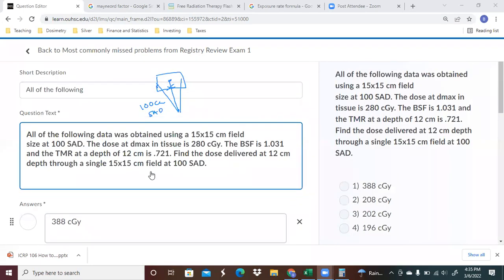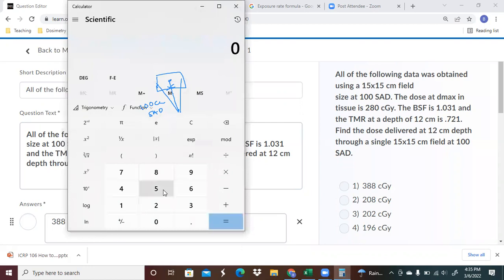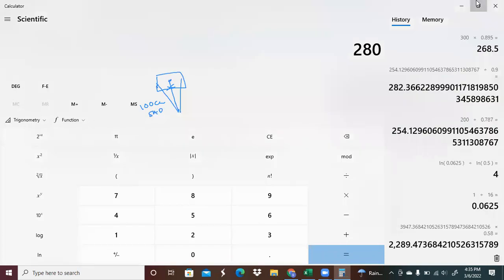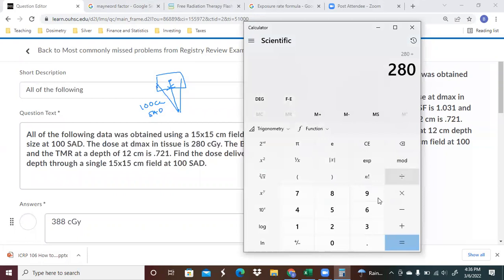So let's take 280 and divide it by 0.721.